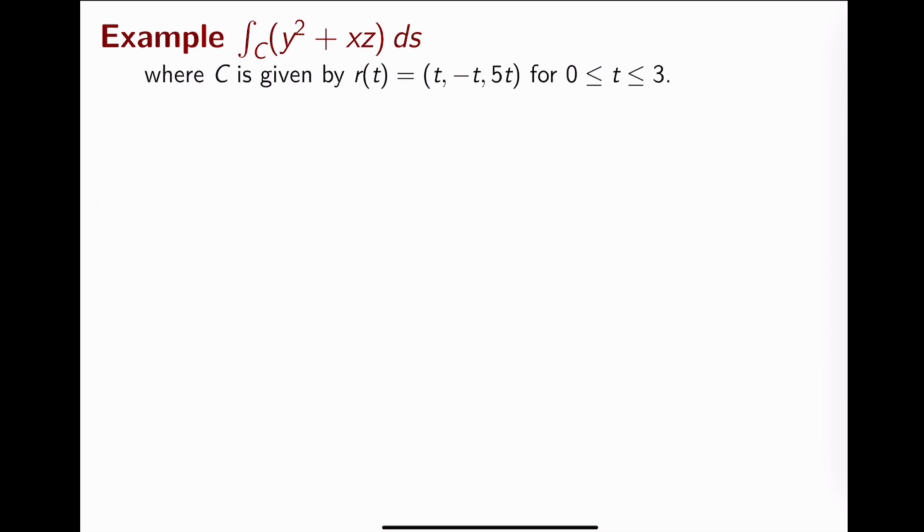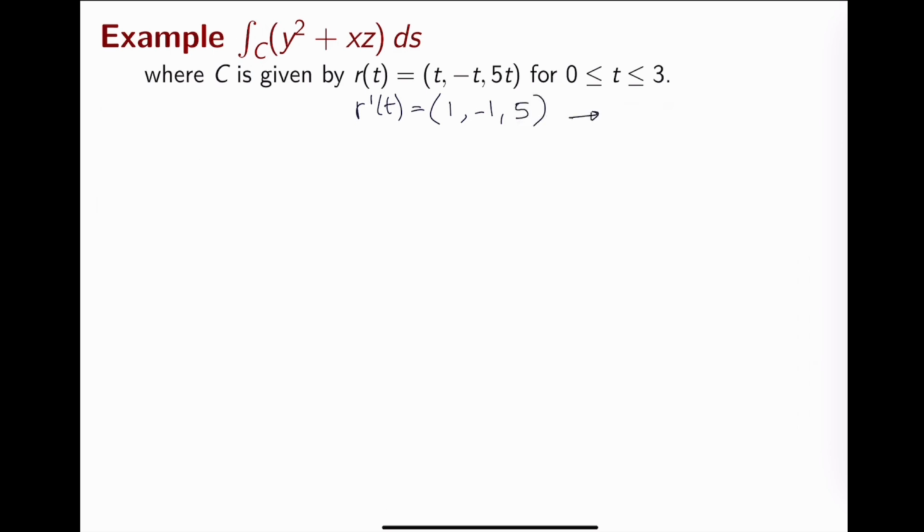also a curve in R3. So let's calculate the integral of this function now over this curve where the variation of the parameter goes between 0 and 3. Again, having the curve, we need to calculate the derivative of the curve, that in this case the derivative of t is 1, derivative of minus t is minus 1, and derivative of phi t is 5.